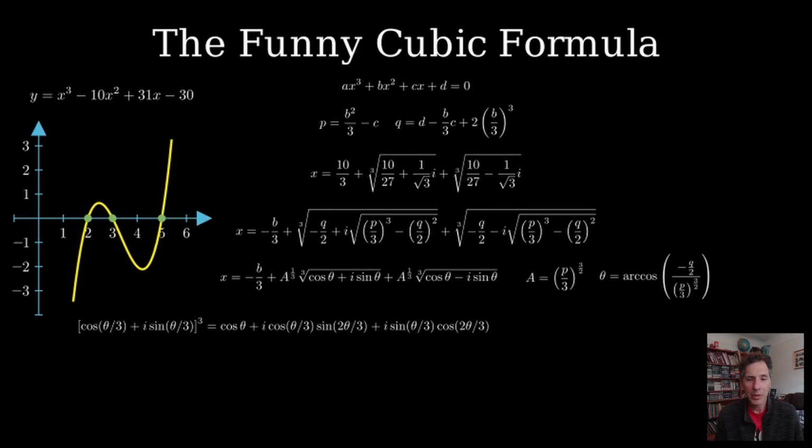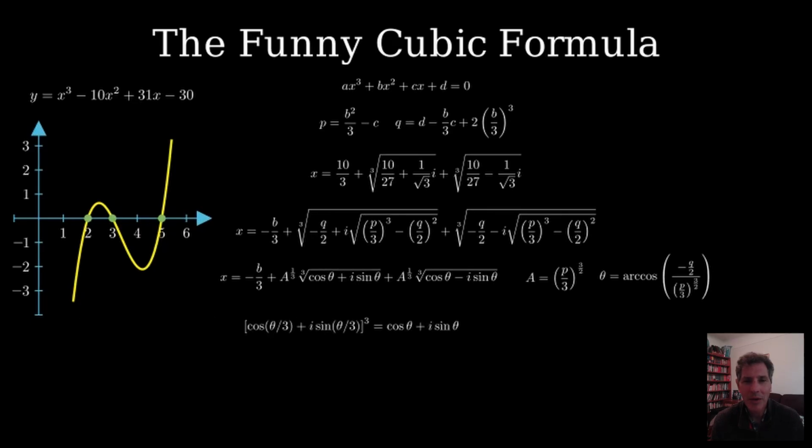And finally, we use the trig identity that sin(theta/3 plus 2 theta/3) equals cos(theta/3) sin(2 theta/3) plus sin(theta/3) cos(2 theta/3). We finally find that cos(theta/3) plus i sin(theta/3), cubed, is equal to cos theta plus i sin theta.